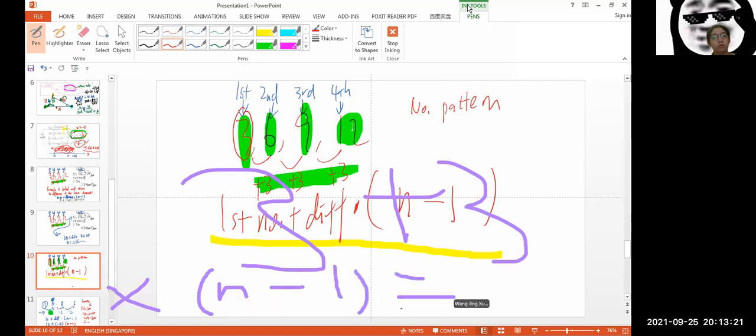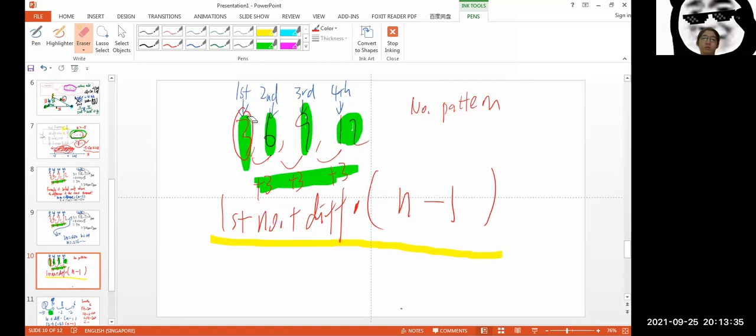Yes, you're right. Can you help me just erase your handwriting so I can carry on from there? So the first number is 3 in this case. The difference is +3. So times n minus 1.